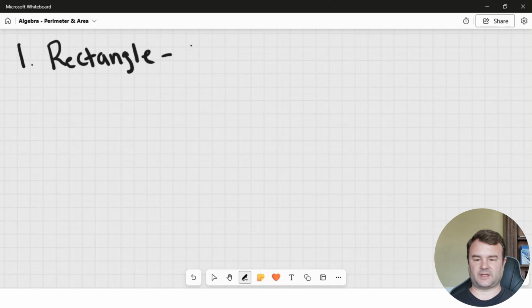So a rectangle is a four-sided shape. It has four sides, such that the opposite sides have equal length.